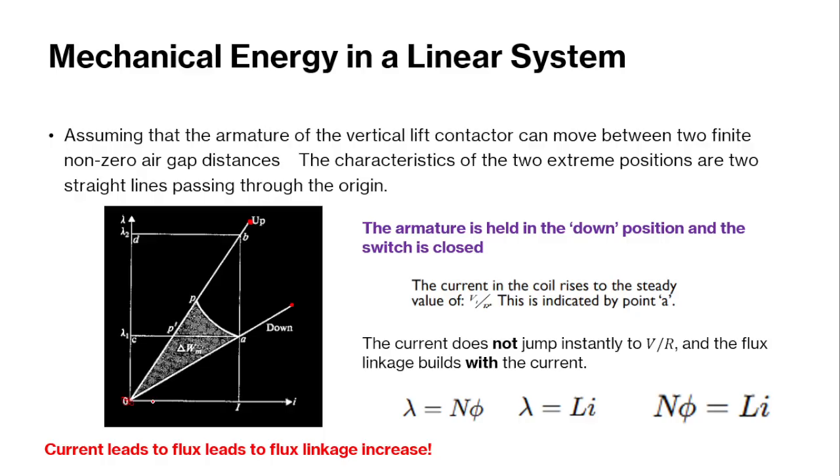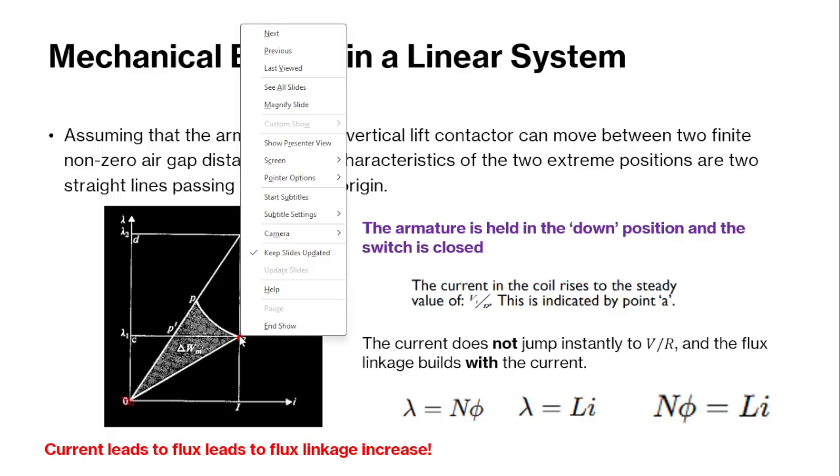Your flux linkage will also increase steadily, because flux linkage is basically how the magnetic flux lines link with the core. If you increase the current, you increase the flux linking. So it will just keep increasing up to V/R.